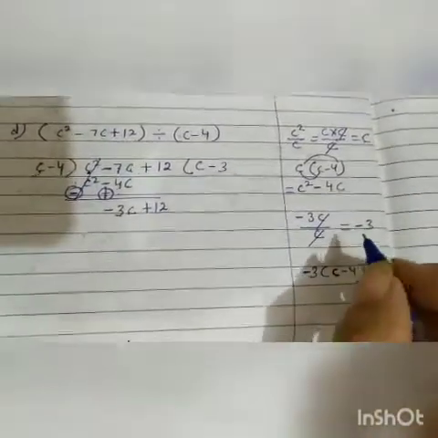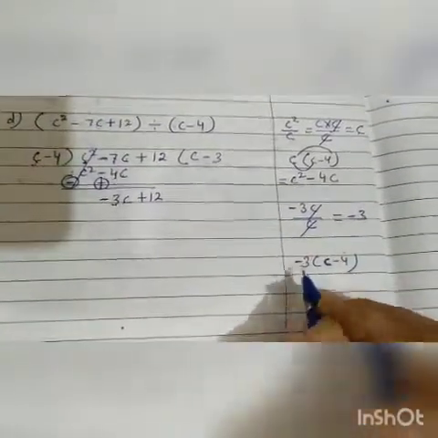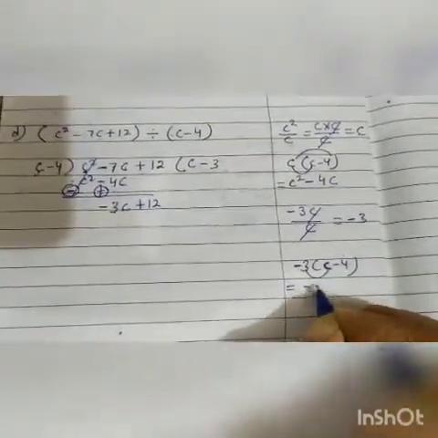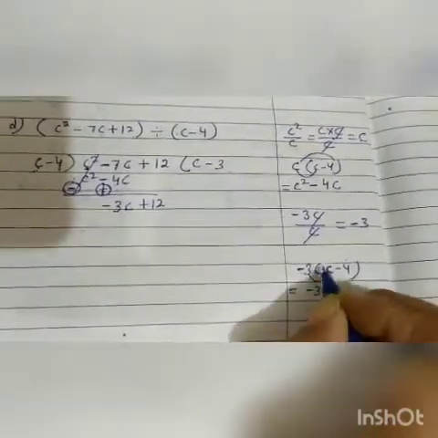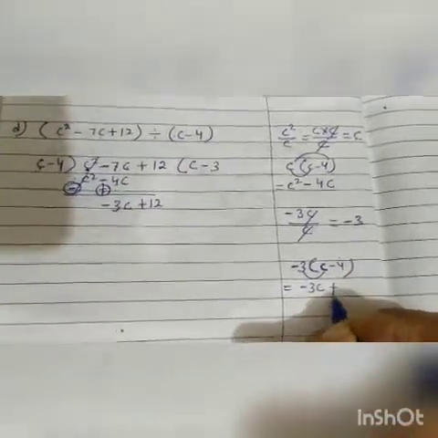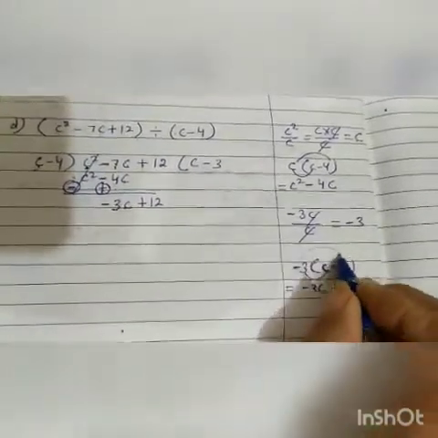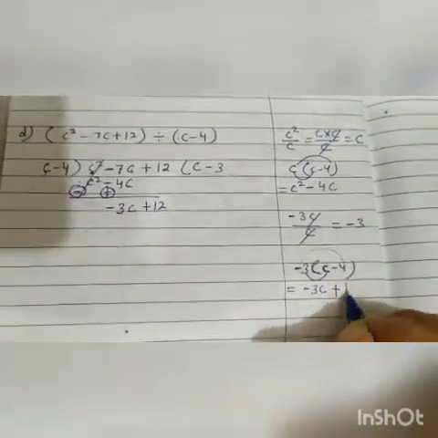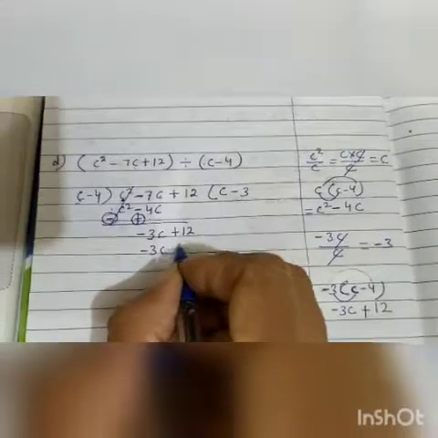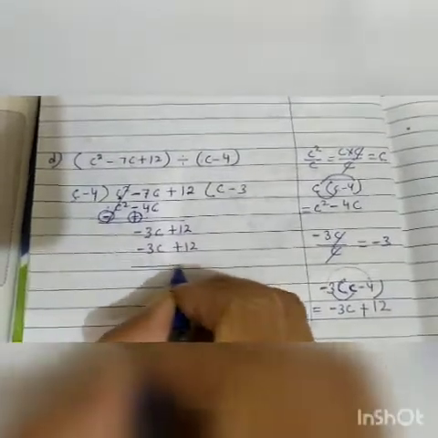This time we have to multiply by minus 3. So minus 3 multiplied by c, we will get minus 3c. And outside this bracket it is a minus sign, so this minus sign will change to plus sign. Now minus 3 multiplied by minus 4 is plus 12. Write this minus 3c plus 12 here.